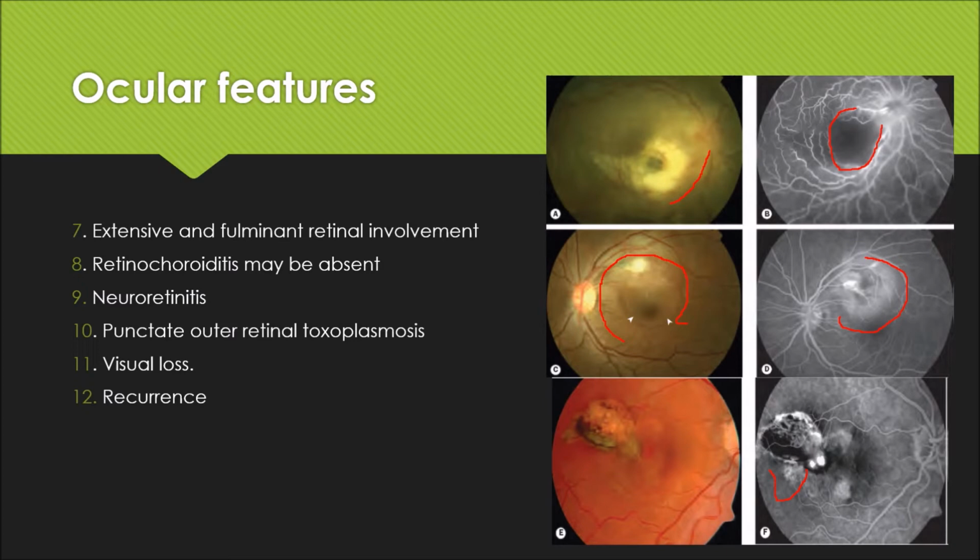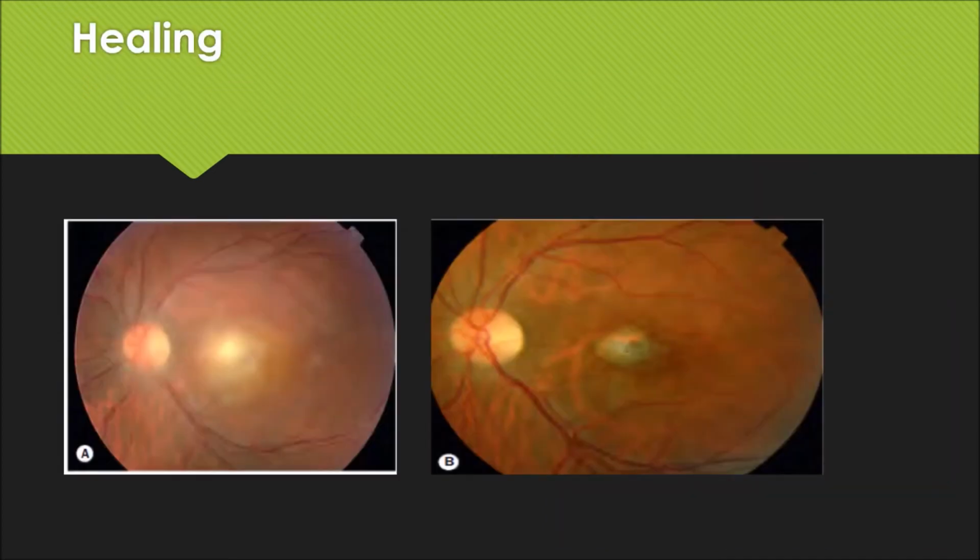Now, recurrence, the average number of recurrent attacks per patient is 2.7, and within 5 years more than half may experience a further episode. Healing in immunocompetent hosts usually occurs spontaneously within 6 to 8 weeks, although vitreous opacities take longer to clear.